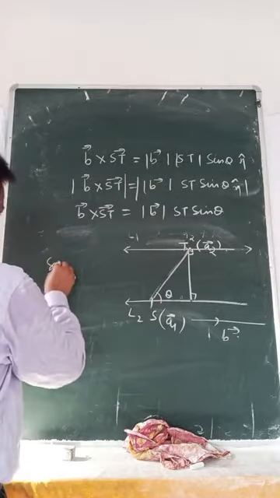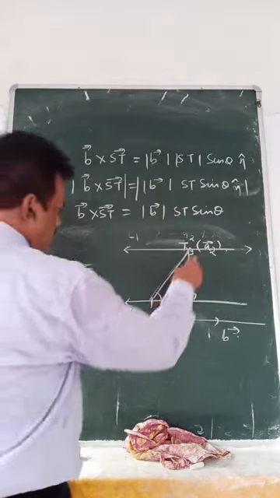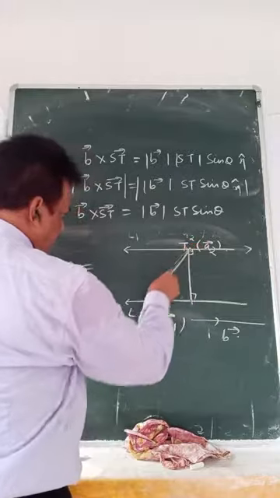You can find sin theta equals perpendicular by hypotenuse.